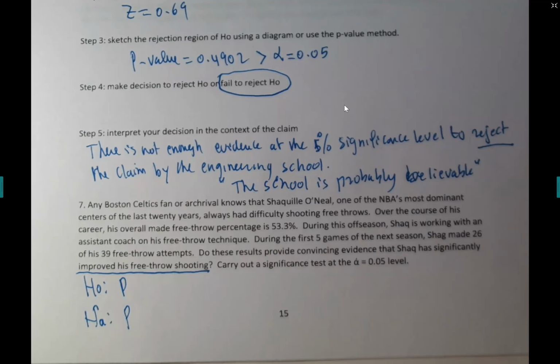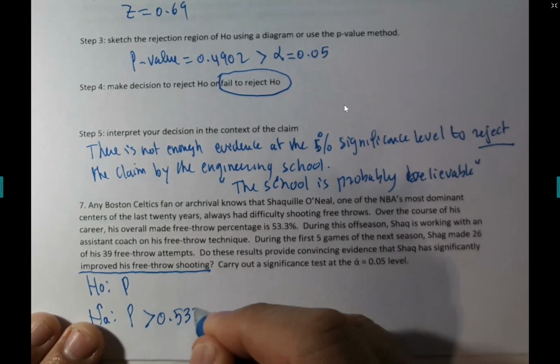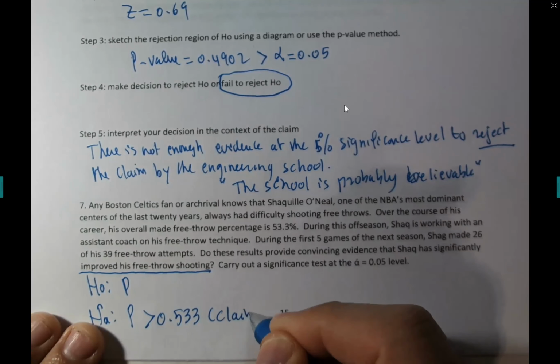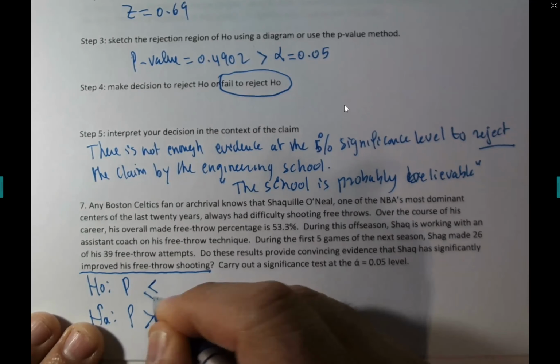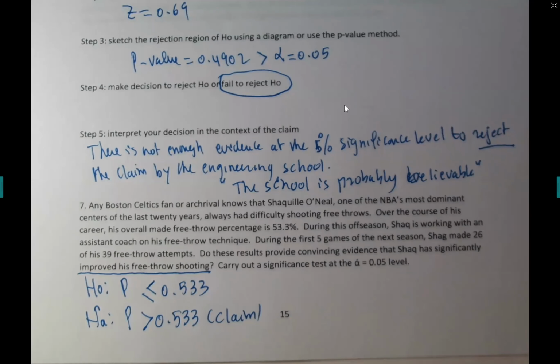The claim is in HA, right? Exactly. You get it wrong if you're not paying attention to the question. You have to read every single word in the question.